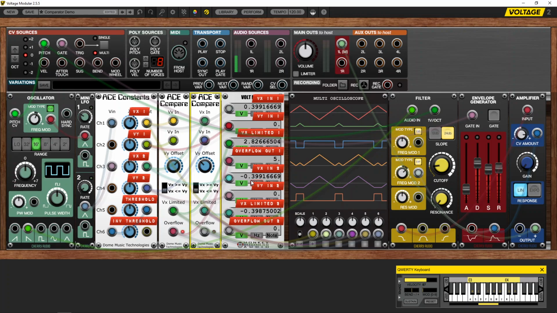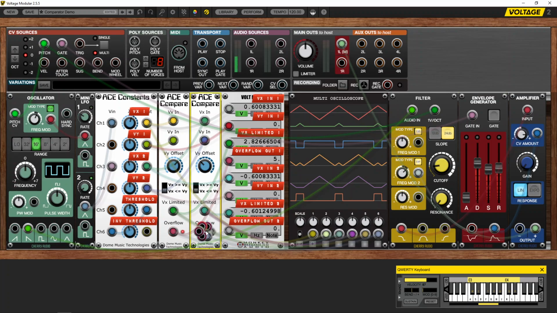What else can we do with the comparator? We could do a silly sort of thing here. Instead of the gate triggering this envelope generator, we could get it so that it gets triggered by the overflow signal.